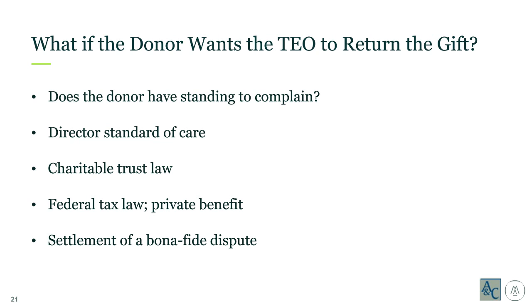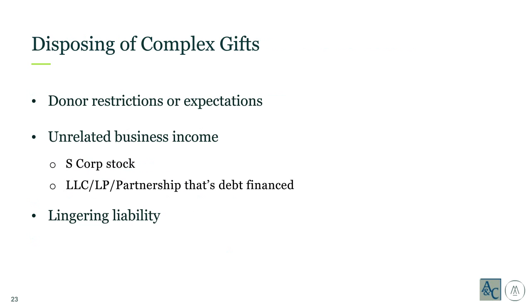All right. So if you can stay with us for just a couple more minutes, I recognize we're at 11, so totally understand if you have to drop off. But we didn't want to leave without talking for a couple minutes about disposing of complex gifts. We've mentioned before that you have donor restrictions, often written at the front end of the gift, so you understand what those restrictions are.